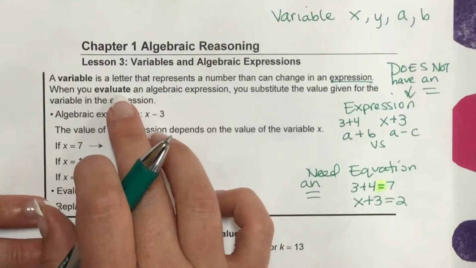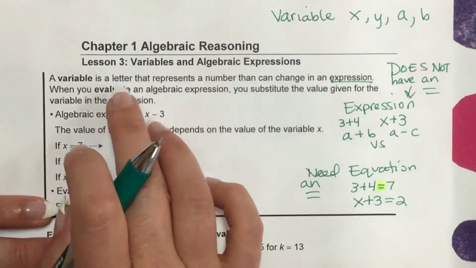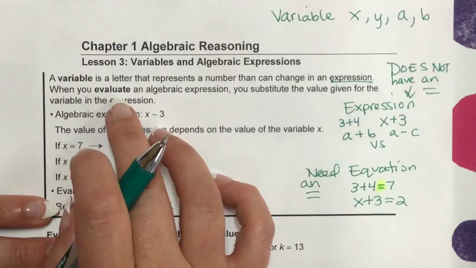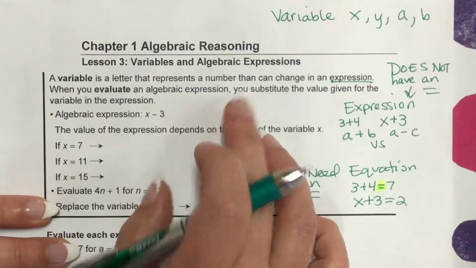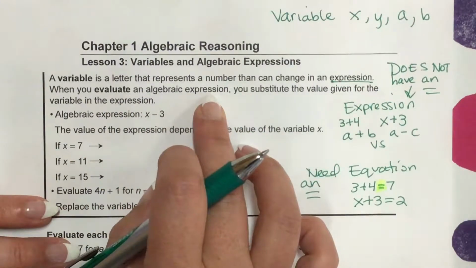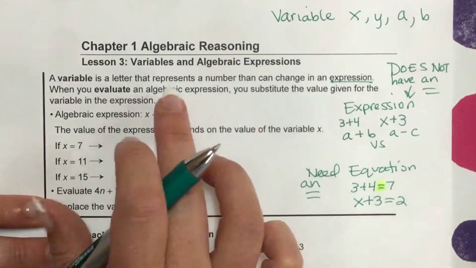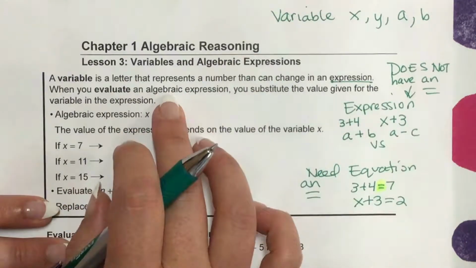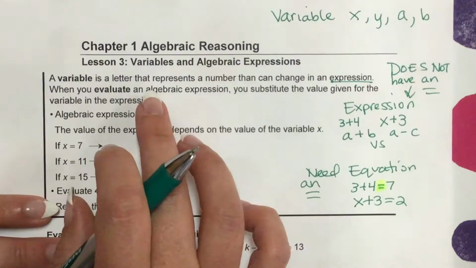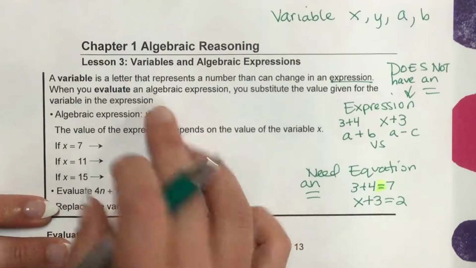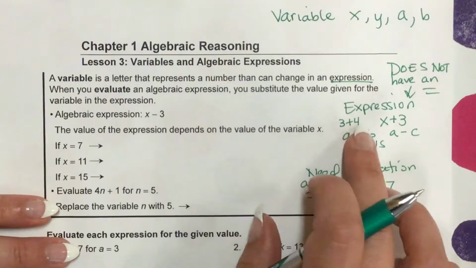Evaluate is a nice word for finding the answer of an algebraic expression. Expression means that we're dealing with something that doesn't have an equal sign. Algebraic means you're dealing with things that have letters. So they're expressions that have letters. So 3 plus 4 would not be an algebraic expression.